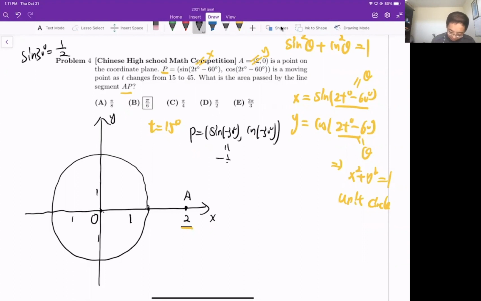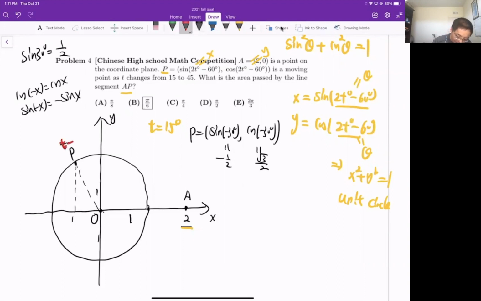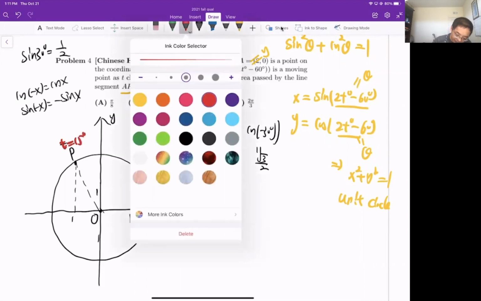So this one is negative 1/2. And cosine is an even function, so cosine negative x is cosine x, and sine negative x is negative sine x. So the other coordinate is square root of 3 over 2. This is our P, the point when t equals 15.